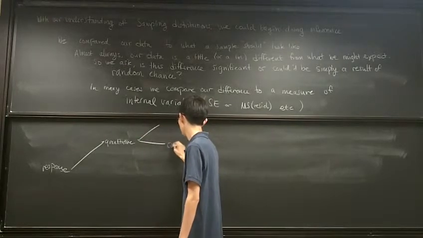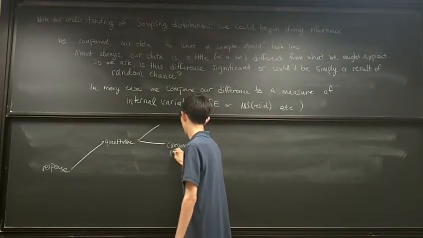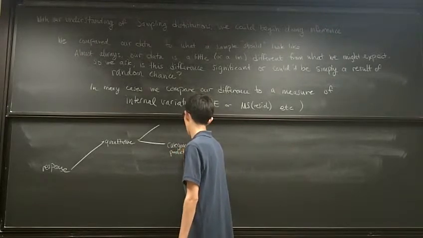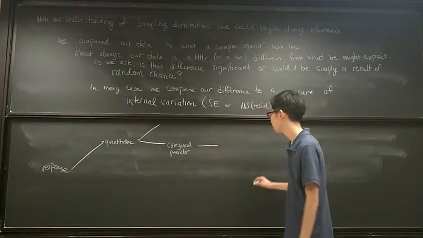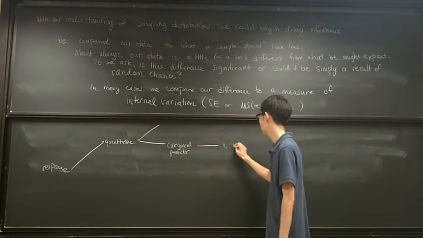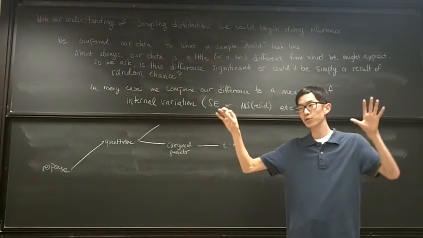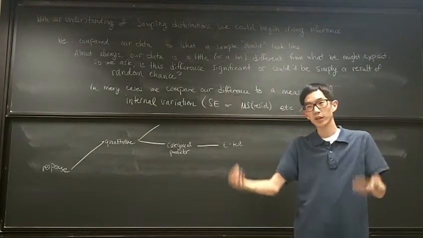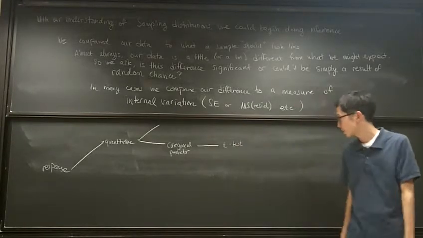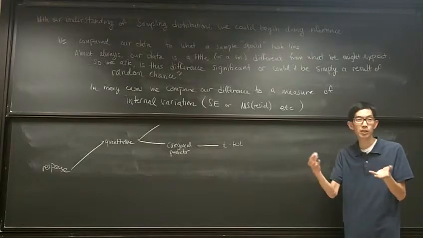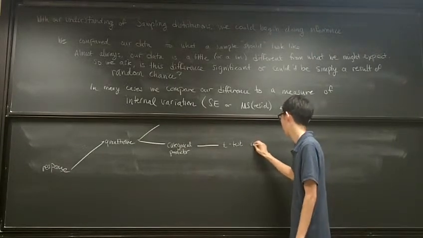Okay, so we have a categorical predictor, and the very first thing we learned was a t-test. We have two different groups, two categories, and we're looking at the values in each of those groups and comparing the means of each group.